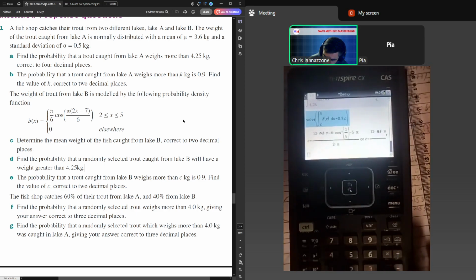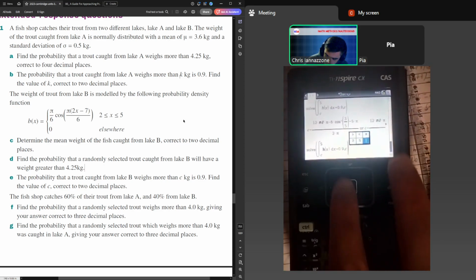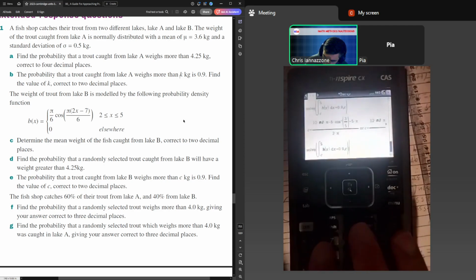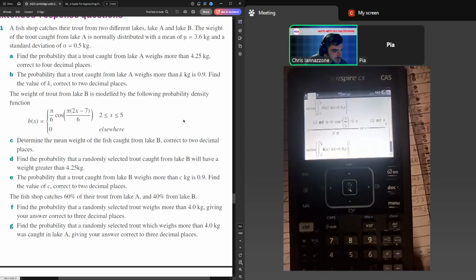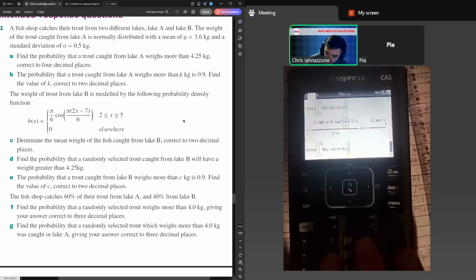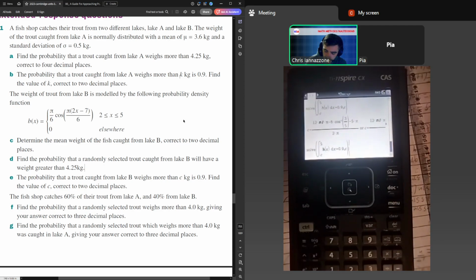This is where me putting a domain kind of bites me because I didn't restrict my domain here. So you still would want to put this between... Actually, maybe I'll ask. What's a good idea to put as a restriction on this so you don't get infinite solutions for C?